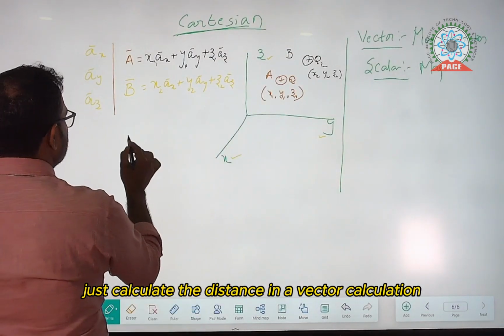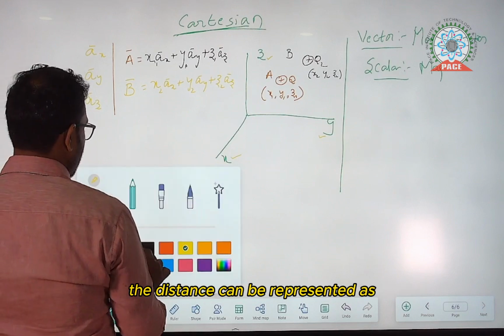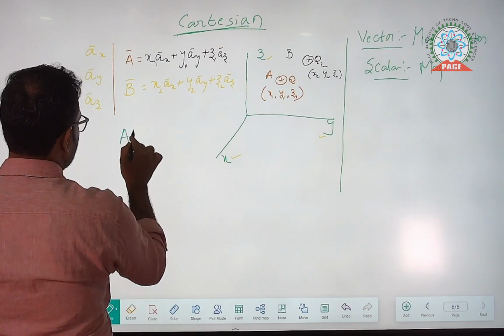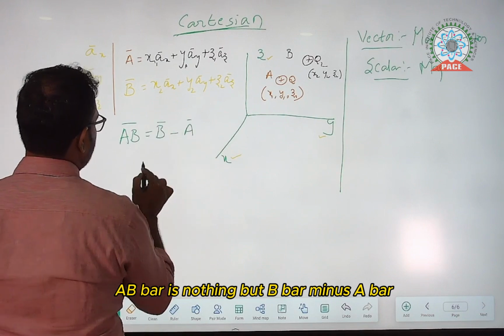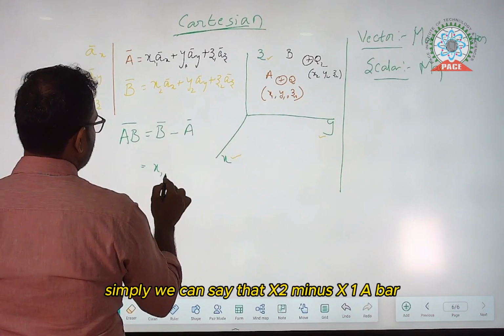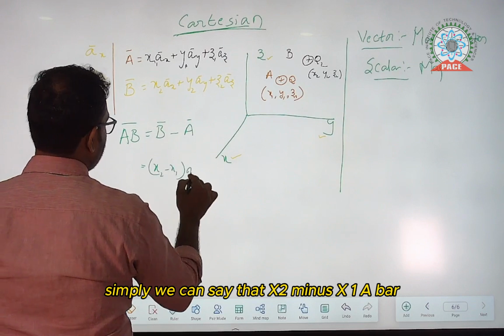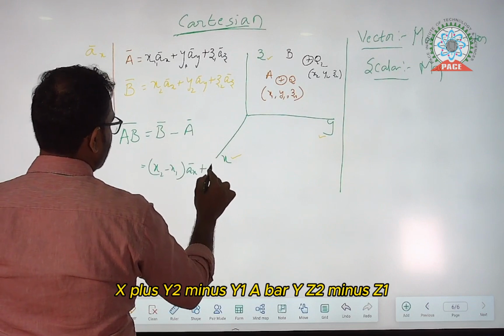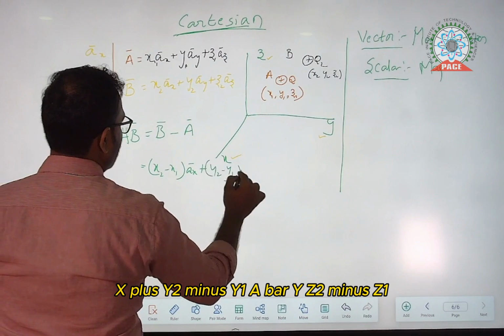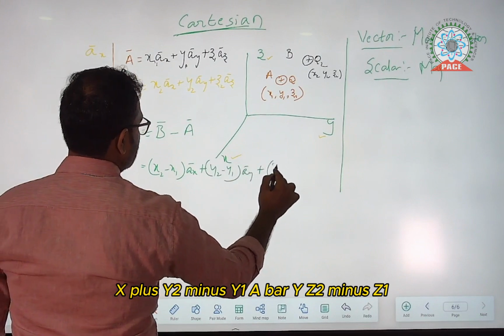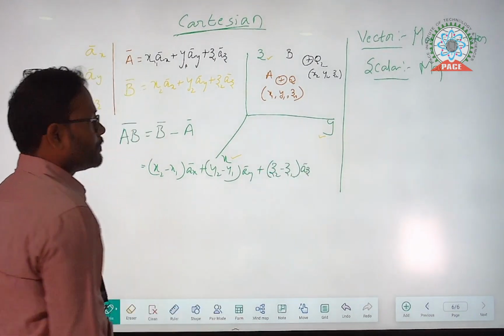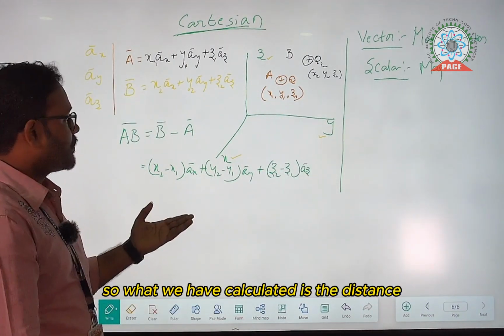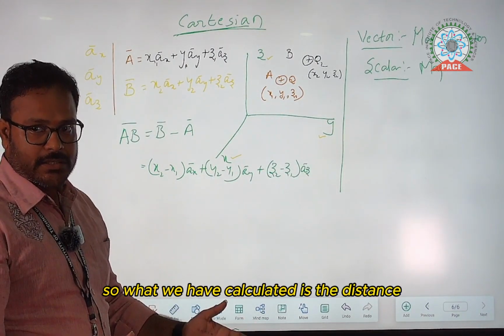In a vector calculation, the distance can be represented as AB bar, which is nothing but B bar minus A bar. Simply, we can say x2 minus x1 a bar x plus y2 minus y1 a bar y plus z2 minus z1 a bar z. So what we have calculated is the distance vector.